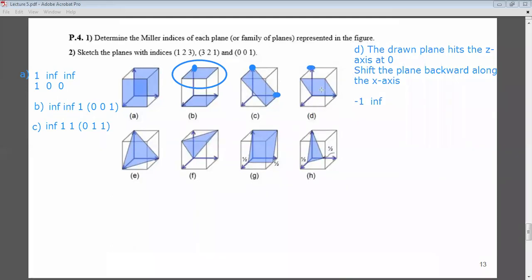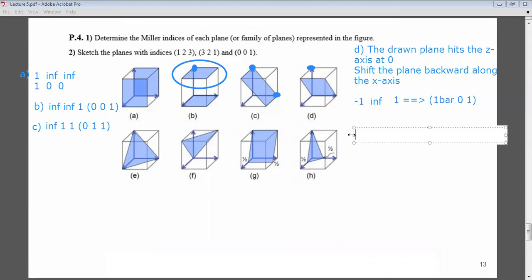If I shift this plane backward, just as it is, it will hit the x-axis at -1. It will not hit the y-axis, it will be infinity, and it will hit the z-axis at 1. So I will end up with Miller indices, 1 bar, remember, 1 bar, infinity will give me 0, and 1. So this is one of the not very easy to see Miller indices.